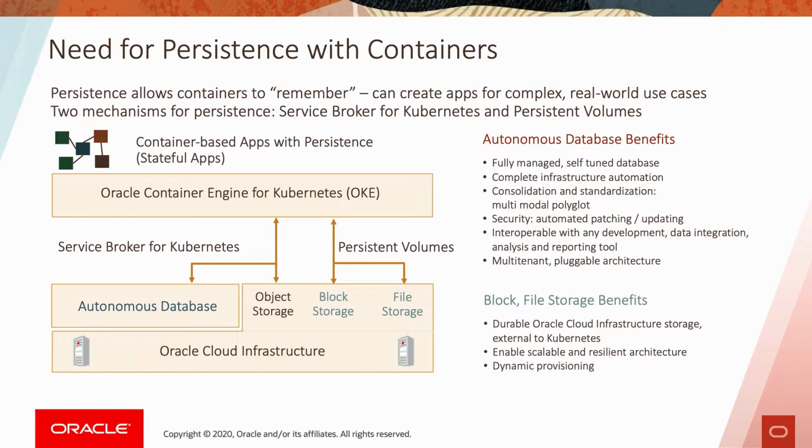Stateful apps do require persistence and they're more useful for complex use cases. OKE provides services and capabilities for both stateless and stateful apps. And along with that, you have the capability to integrate your apps with Oracle's flagship autonomous database and storage services like block and file storage services.